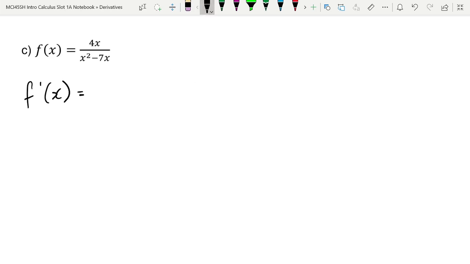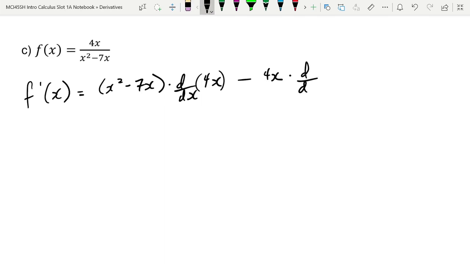Let me start that over. It's low d high, so the bottom times the derivative of the top minus, I'll put that in a bracket even though I don't really need it, the top times the derivative of the bottom.